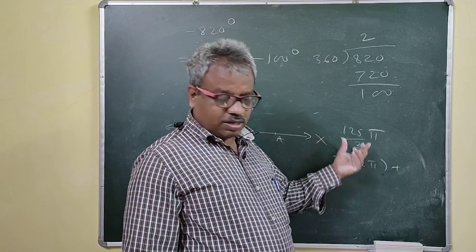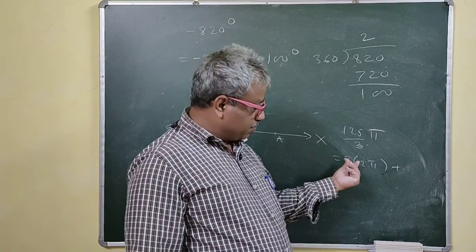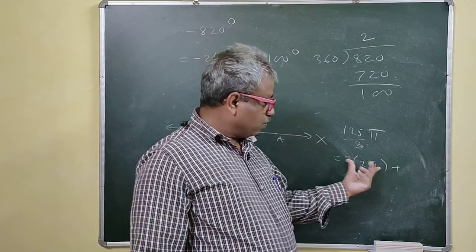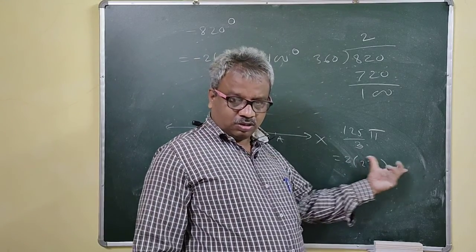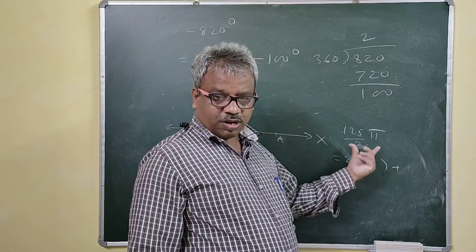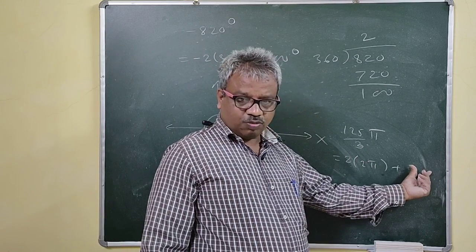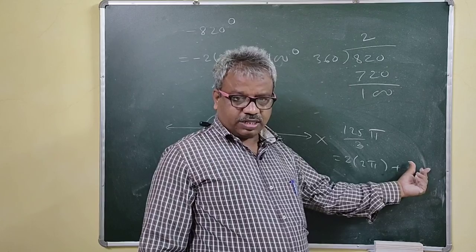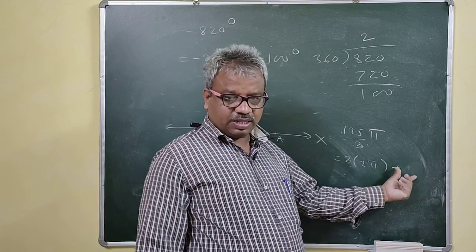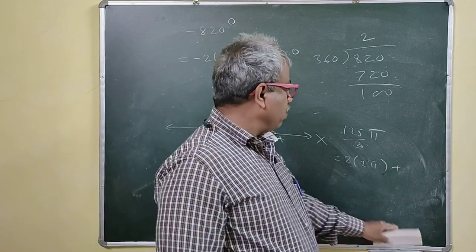This is radian measurement, so write 2 pi with a particular coefficient, and whatever remains will be the remainder. The total addition should be 125 pi by 3. And the remainder should be less than 2 pi, because the remainder is always less than the divisor.